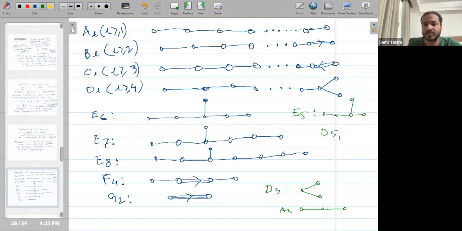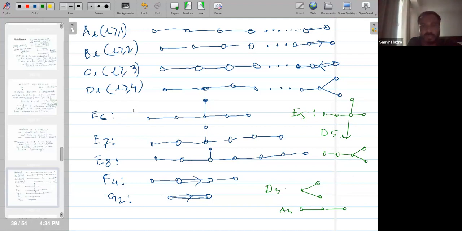So E5 is actually D5. What is D5? Like 3 here. So from here we can see this is the same as this. They are the same graph, right? And this is D5. So E5 is D5. That's why we need to restrict some others and so on.